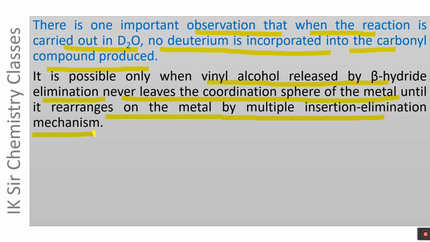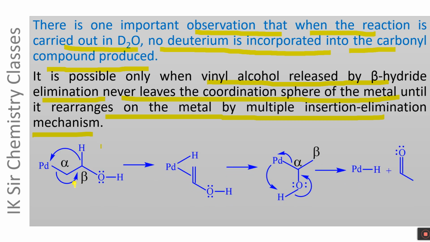It is possible only when the vinyl alcohol released by beta hydride elimination reaction does not leave the coordination sphere of the metal until it rearranges to the carbonyl compound on the metal by multiple insertion elimination reaction as follows. This is a beta hydroxyethyl group attached to the palladium atom and it undergoes beta hydride elimination.